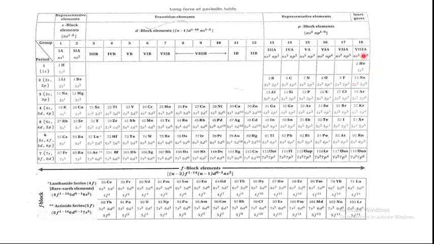Helium, although placed in group 18, is not a p block element because its electronic configuration is 1s2, that is, the last electron enters the s subshell. So this is an s block element.